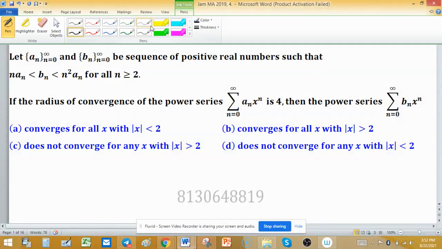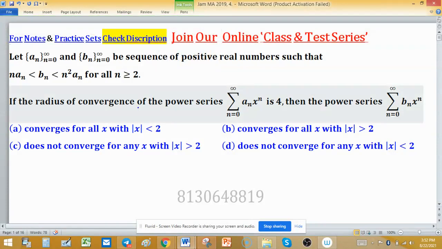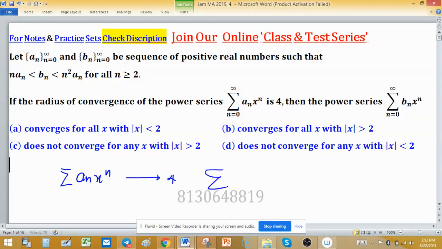So actually we have to find the radius of convergence of this power series. The radius of convergence of the power series Σ an x^n is 4, and we have to tell about the radius of convergence of the power series Σ bn x^n.